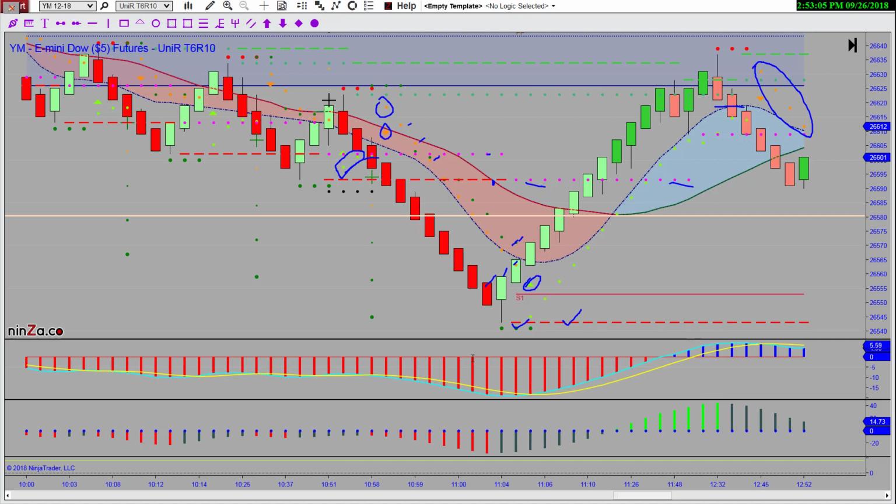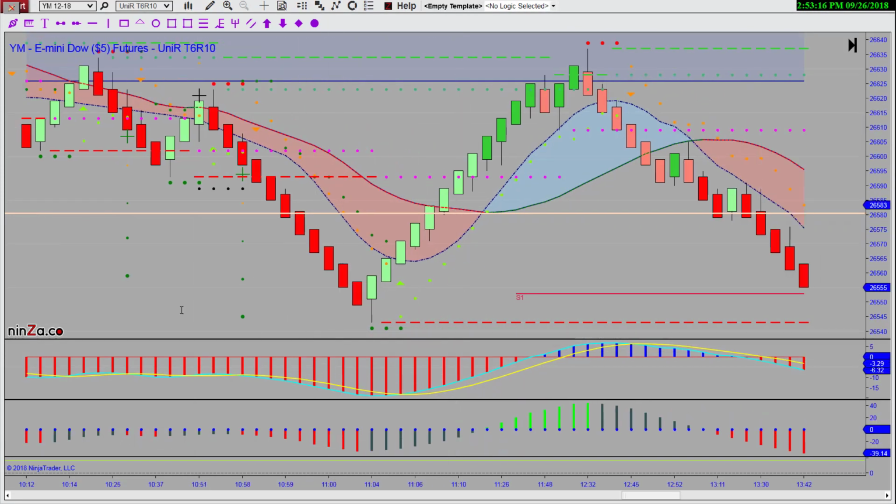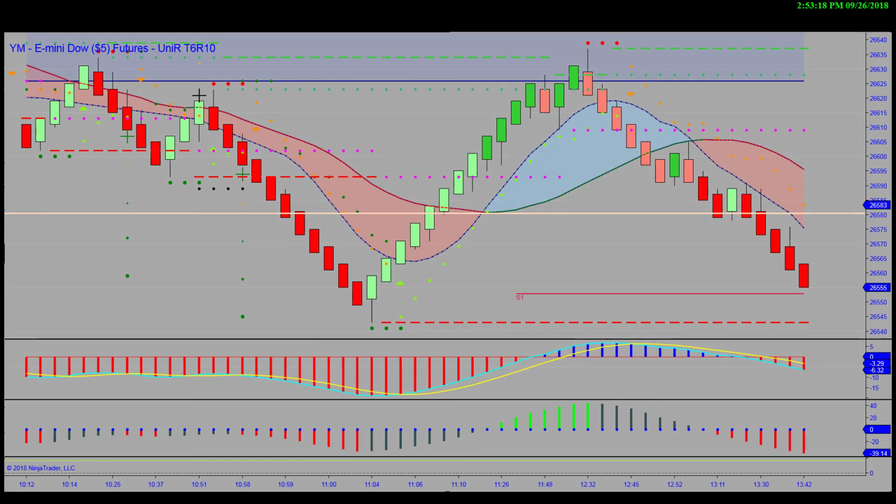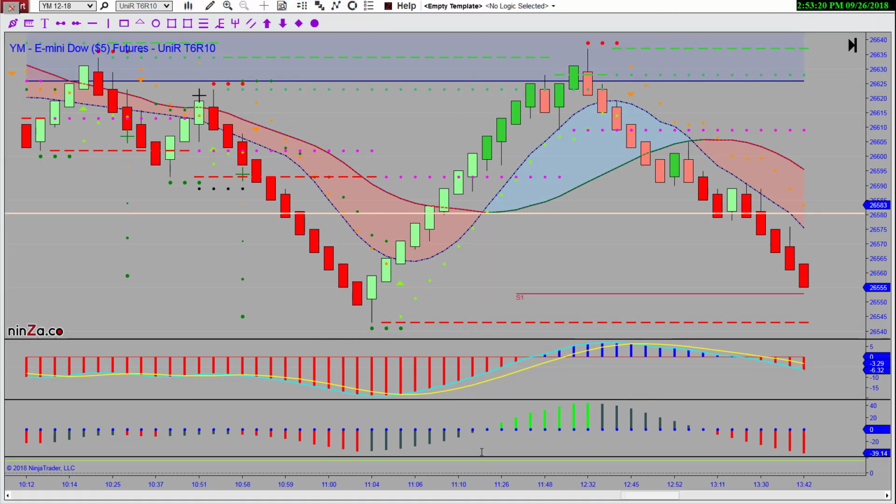Okay, now let's talk about momentum oscillators. All right. Let's do this. This momentum oscillator is slower to react.